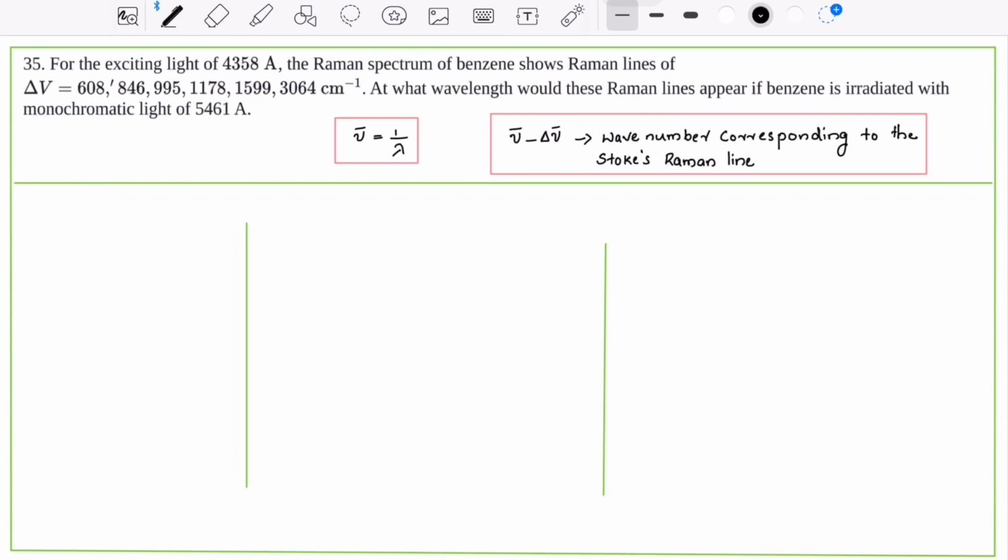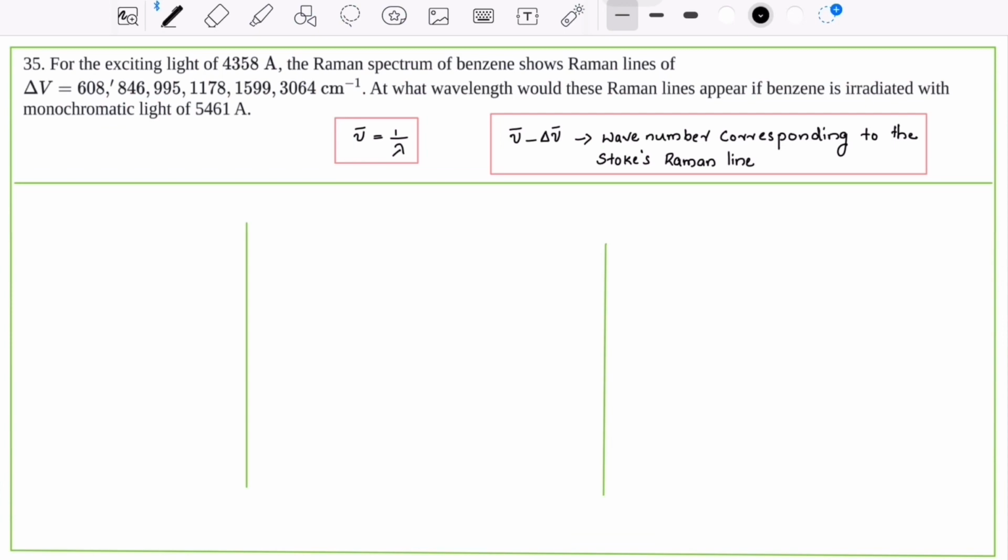The next problem is: for the exciting light of 4358 angstrom, the Raman spectrum of benzene shows Raman lines of delta nu equal to 608, 846, 995, 1178, 1599, 3064 centimeter inverse.